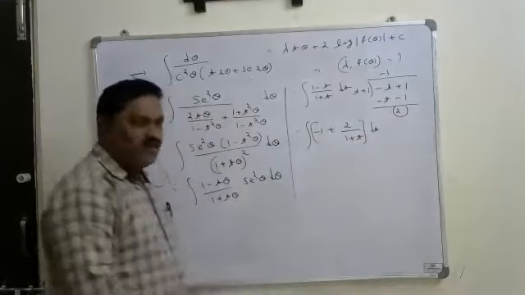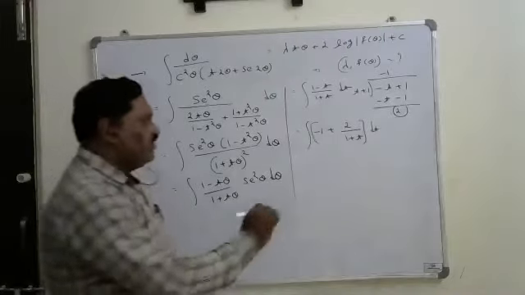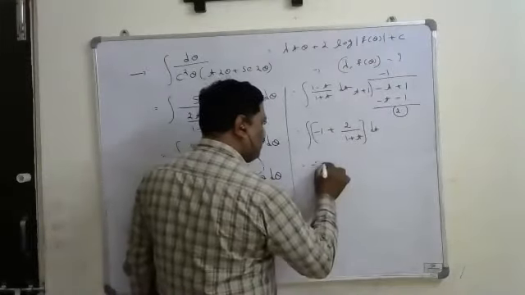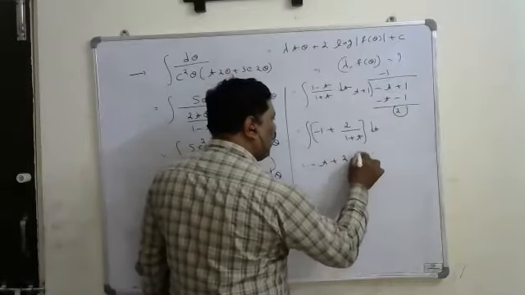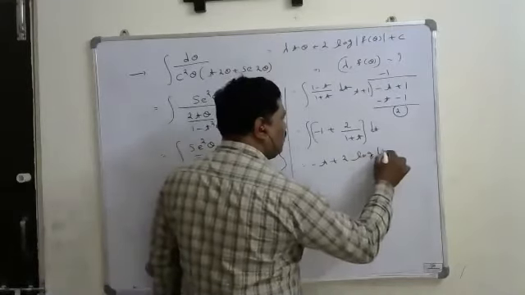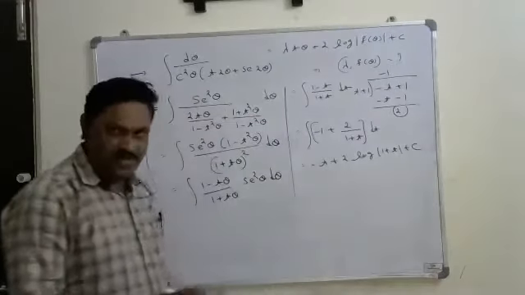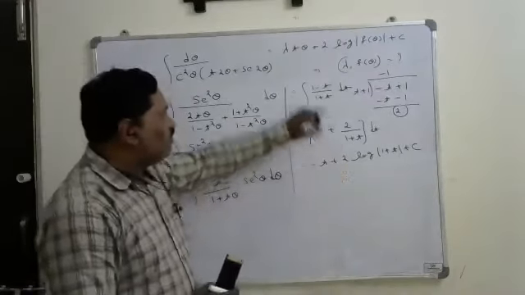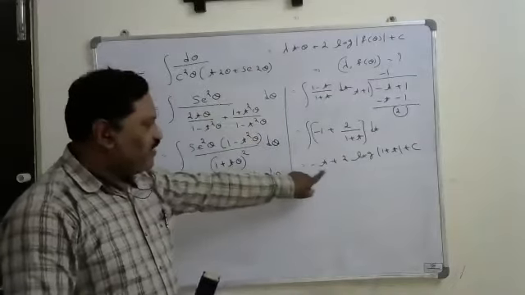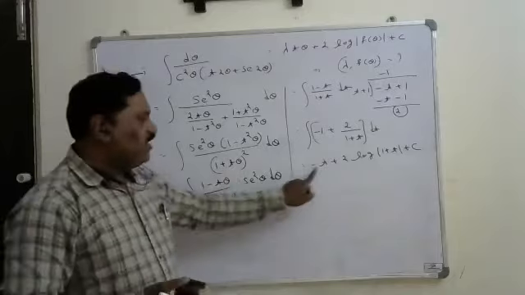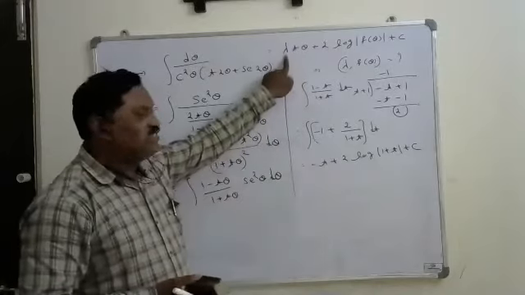Now we will integrate this. The integral of minus 1 dt is minus t, plus 2 log mod (1 plus t) plus c. So this is the integration of that. Now compare this with the given form, where t means tan theta. We have taken tan theta equal to t. The tan theta coefficient is lambda.